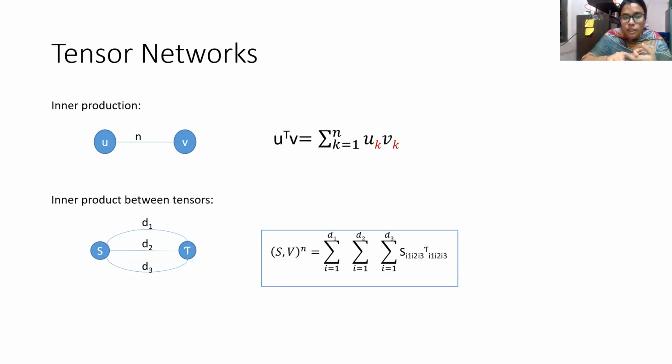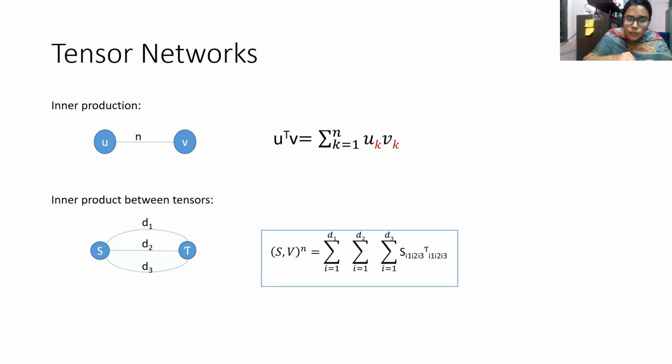Previously we saw that two matrices had two open legs, but here there are no open edges, right? There is a connected edge N. So here is simply the multiplication of U and V, and the result will be the summation of that multiplication.